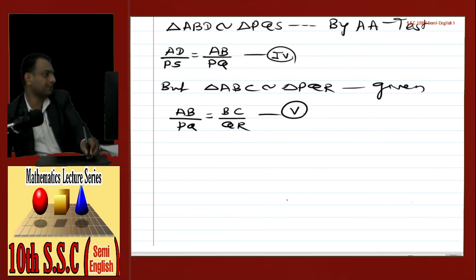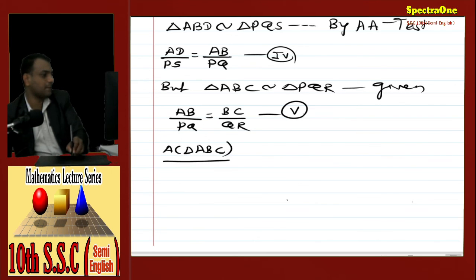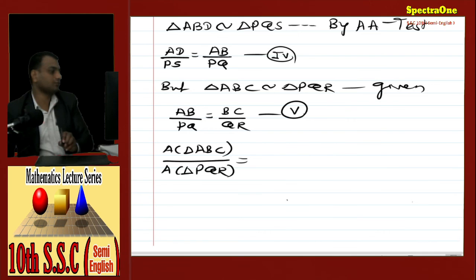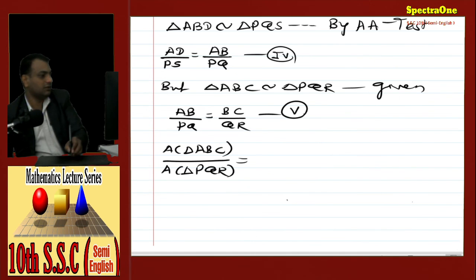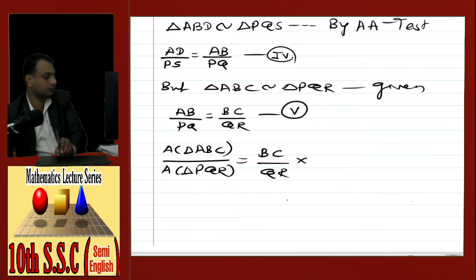From equation 1, area of triangle ABC upon area of triangle PQR is equal to BC upon QR into AD upon PS.